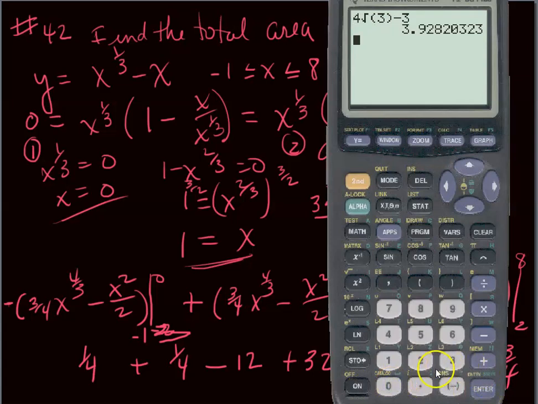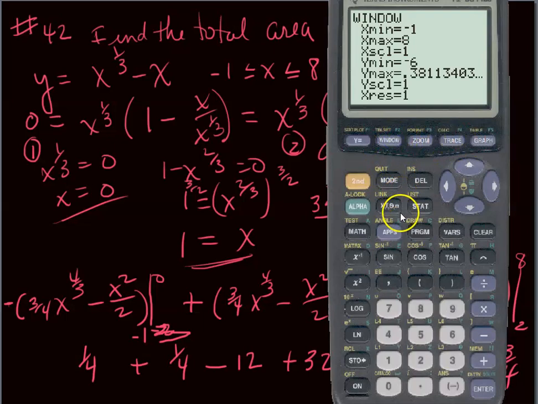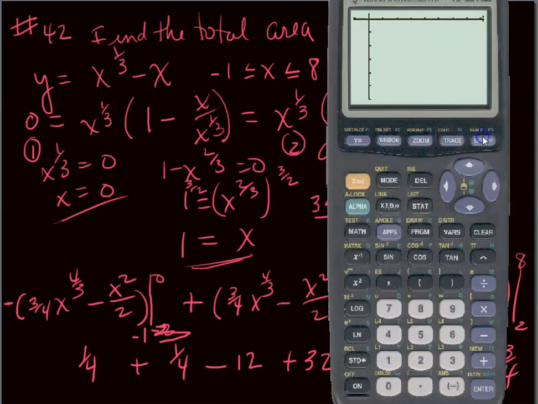Value. Let's clear this out again. Let's make our window go a little bit further, like -1.1. And maybe make this go up to 8.1, just to make sure. If it's outside the window, it's going to get upset with us. Okay.